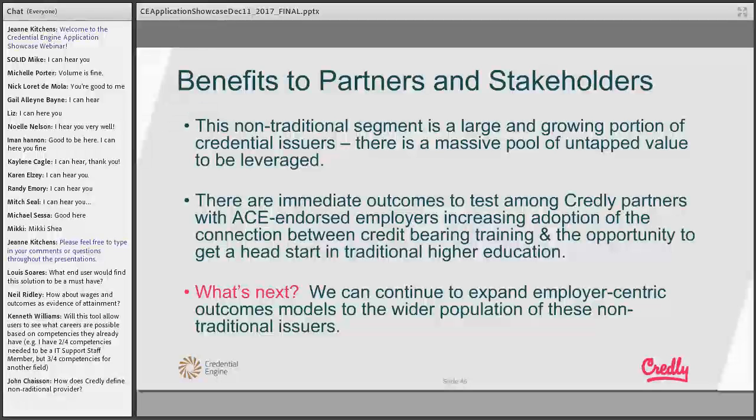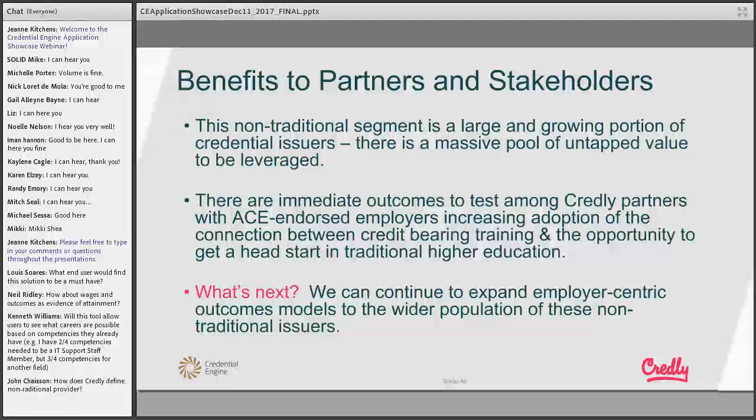In particular, ACE, as I mentioned, is a partner we've been working very closely with, and understanding from them how do we give credit earners, in particular, their endorsed programs are eligible for college credit.